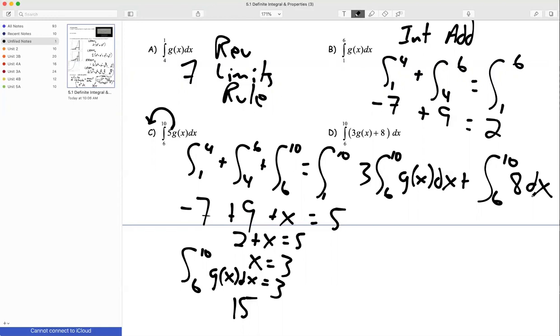So I have 3 times 3, which is 9. And then what's this? How do we know? It's a rectangle that has a width of 4 and a height of 8. Therefore, I have 9 plus 32, which is 41.